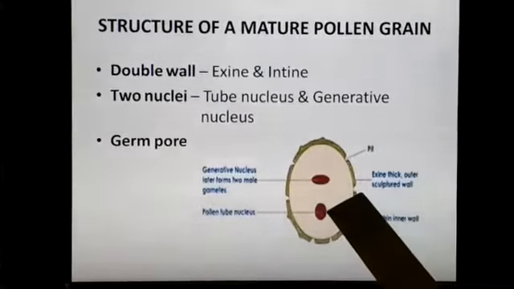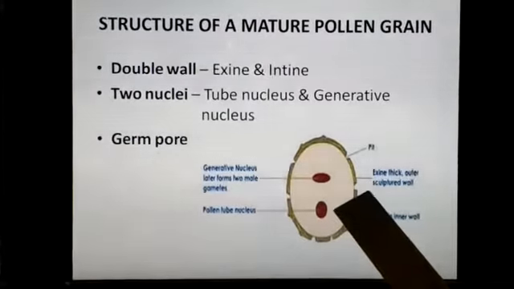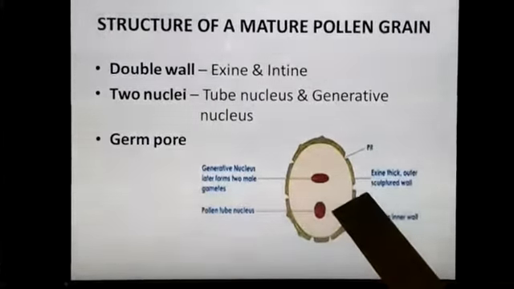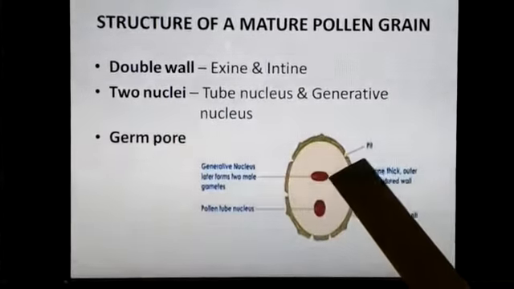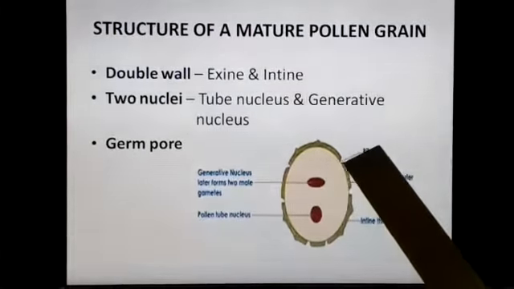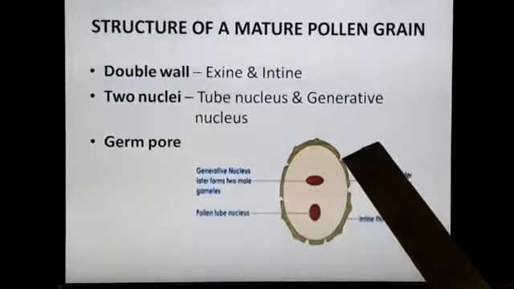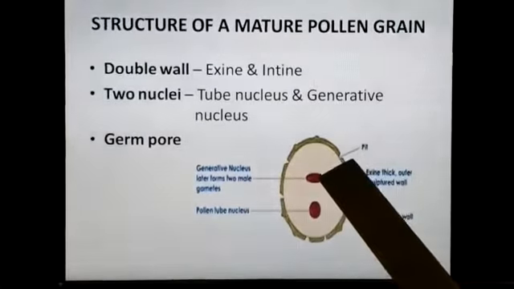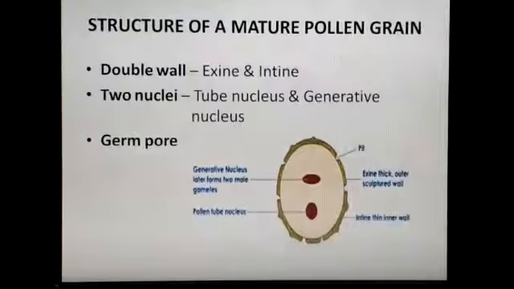This is the tube nucleus, which helps in formation of the pollen tube during the germination of a mature pollen grain. This is the generative nucleus, which divides to form two male gametes. The third part is called the germ pore. These are points where the pollen tube arises out of the pollen grain during its maturity.